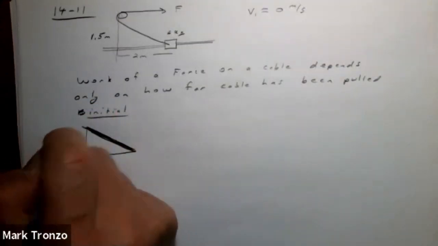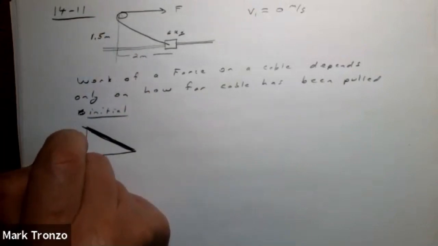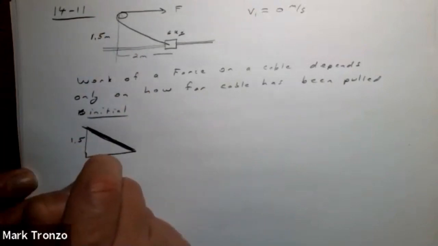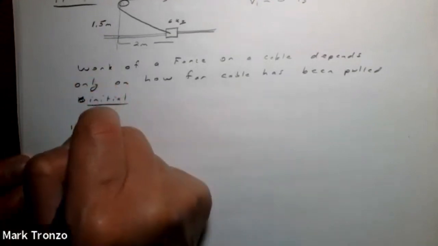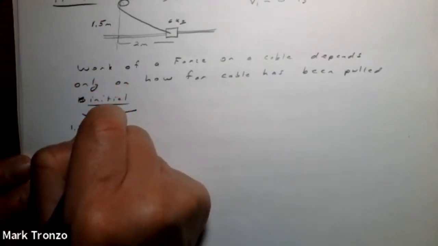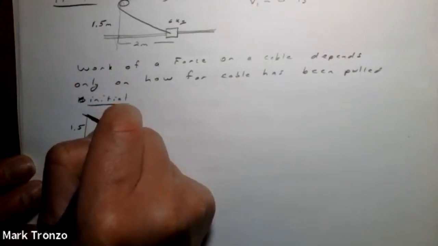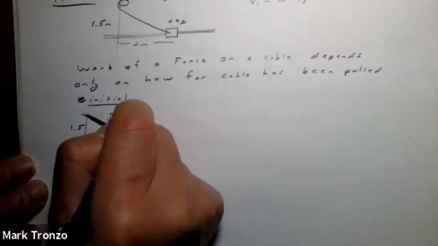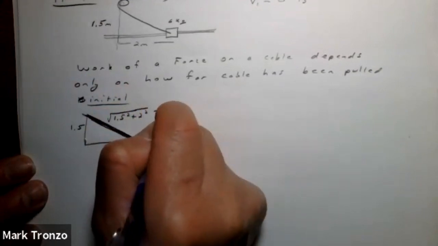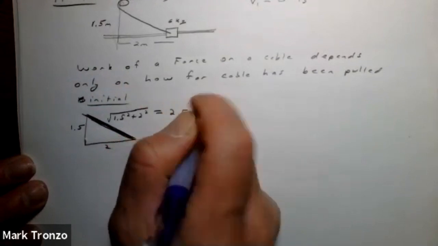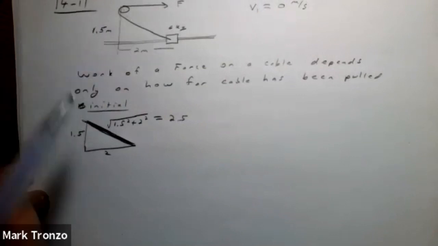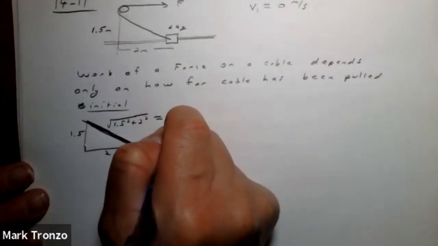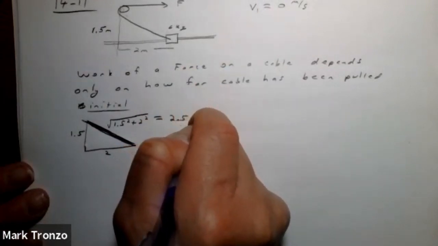And then we know from our diagram, this is 1.5, and this is 2. So if we want to find the length of the cable, it's just going to be 1.5 squared plus 2 squared, and then the square root. So initially, the distance from here to our collar is going to be 2.5 meters.